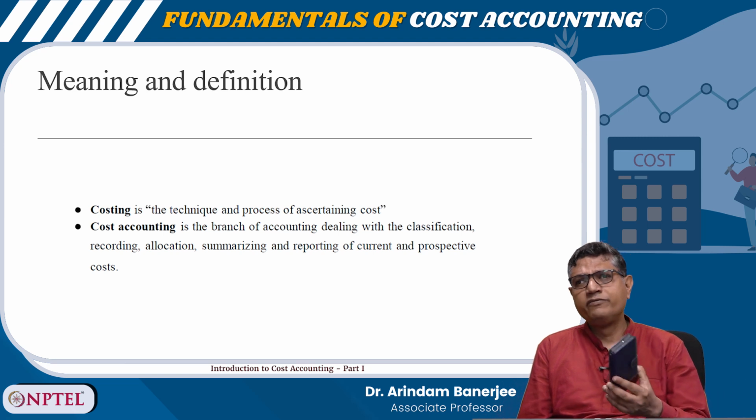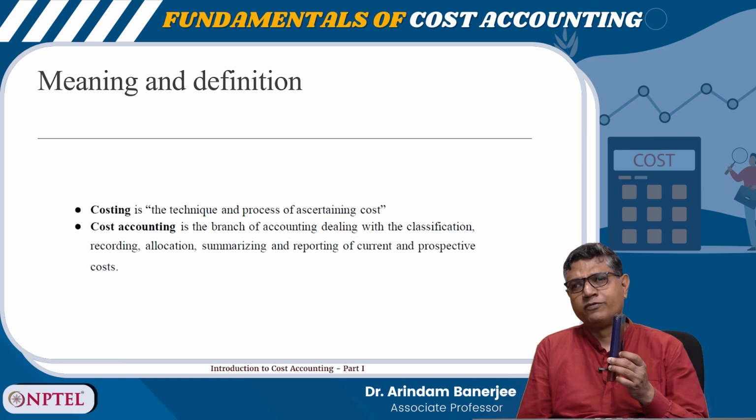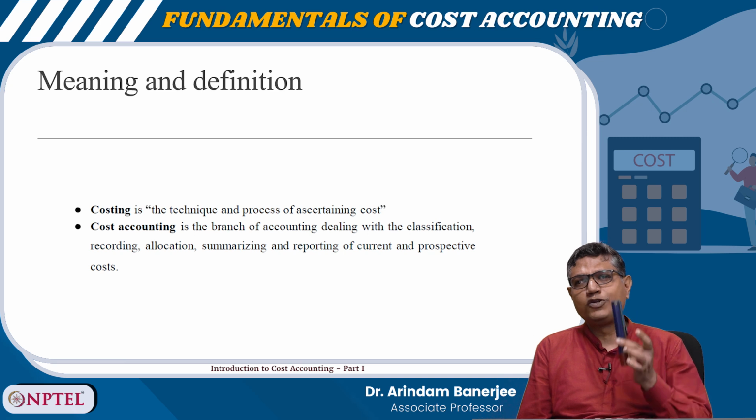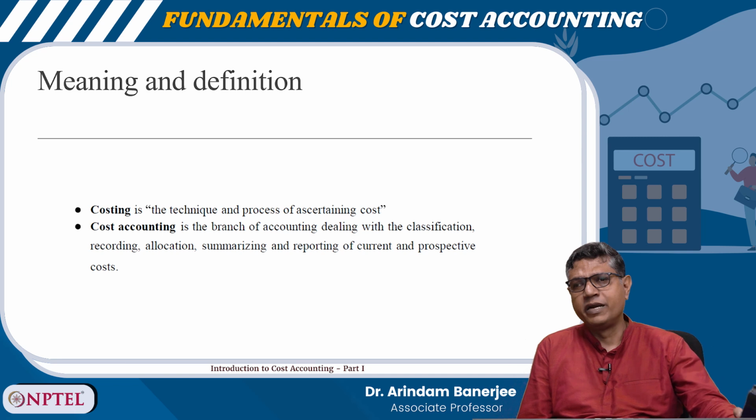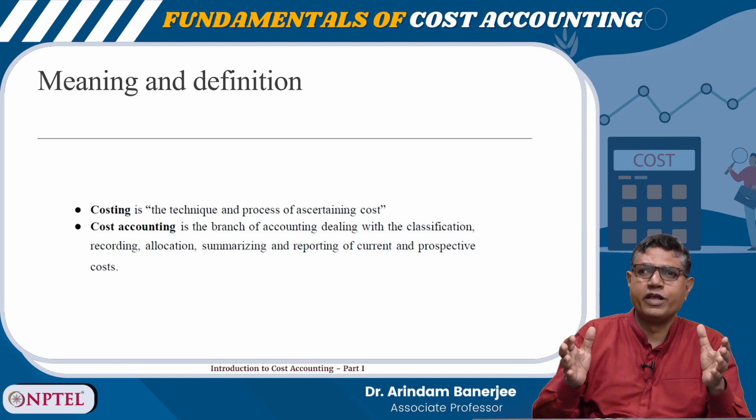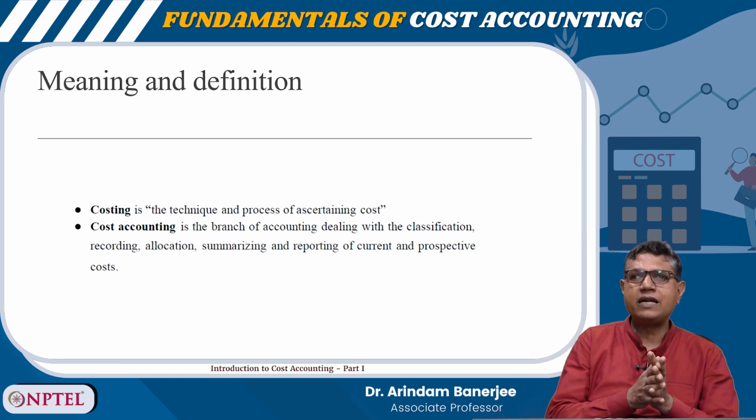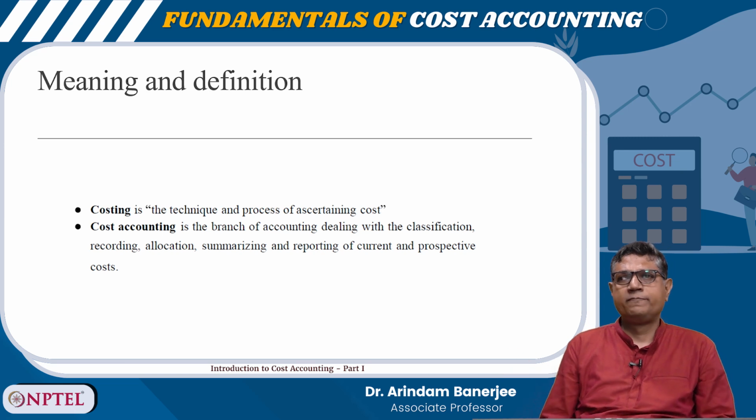The company which manufactured this mobile has to take a decision about the pricing point, what the price should be. The pricing should include some amount of profit element in it. To understand the profit element in this mobile, it must know the cost of production of this mobile. So, cost ascertainment, as accurate as possible, is very, very important, right.